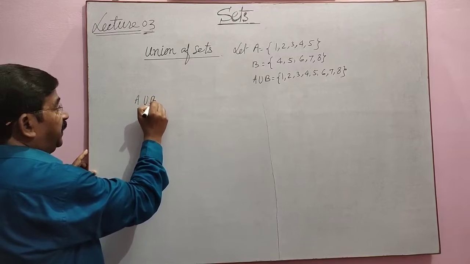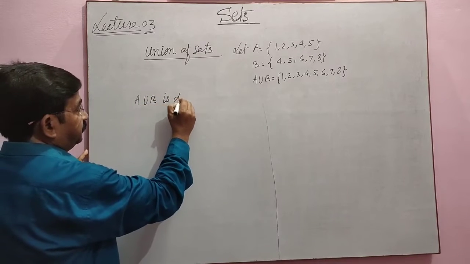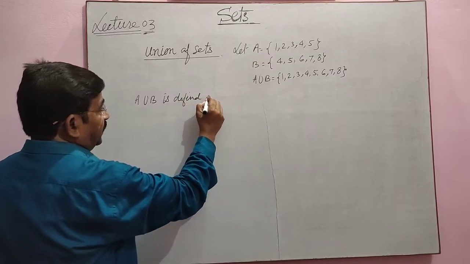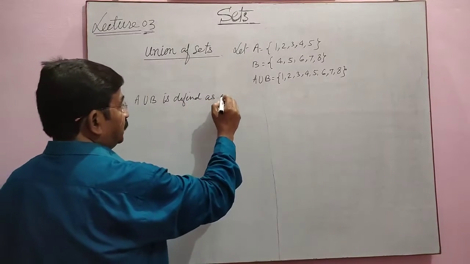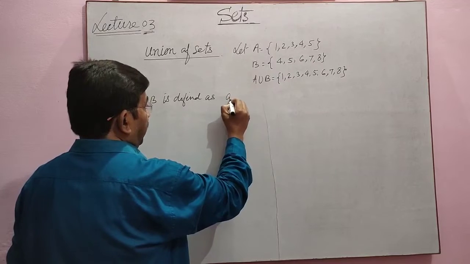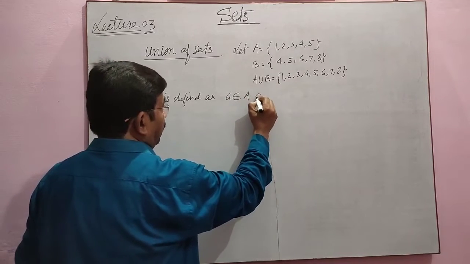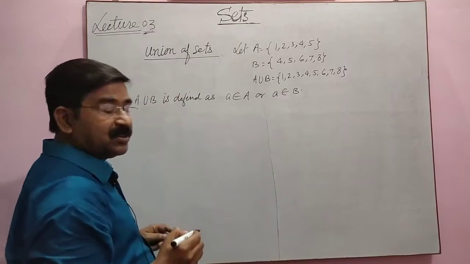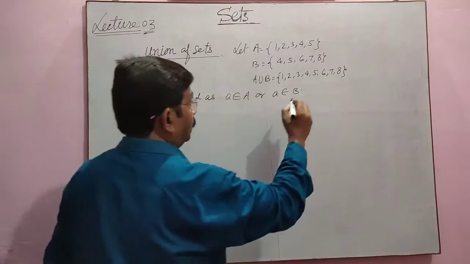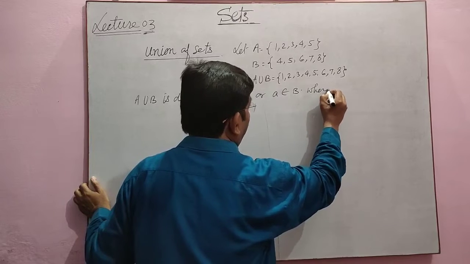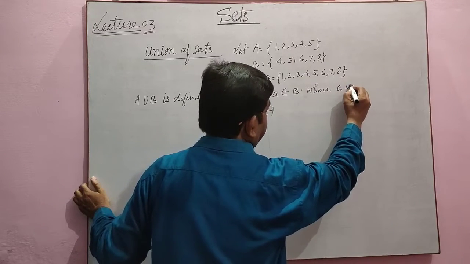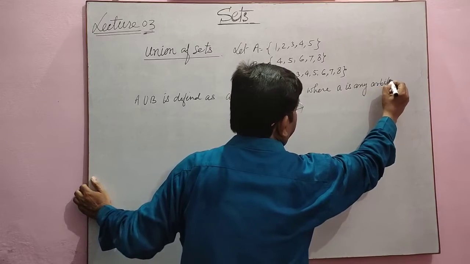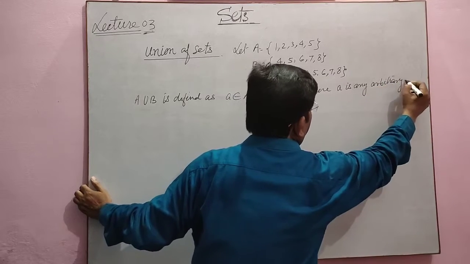A union B is defined as: x belongs to A or x belongs to B, where x is any arbitrary element.